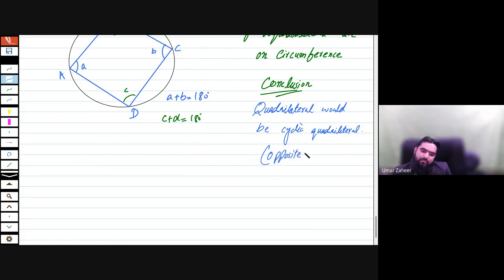Yes, if the sum of two angles is equal to 180, these angles are supplementary angles, right? We have done it in the angle properties. If the sum of two angles is equal to 180, these angles are known as supplementary angles, all right? Or their sum is equal to 180 degrees.